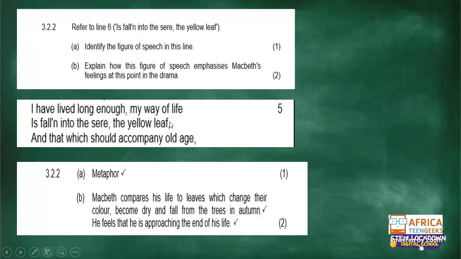A sear is a dry, withered state, but then again, he continues to be specific: the yellow leaf. That's how you would know that this is a metaphor, because life is being compared to a leaf.